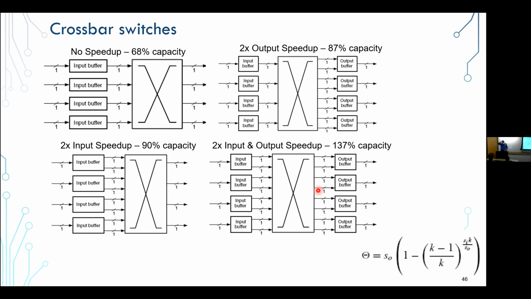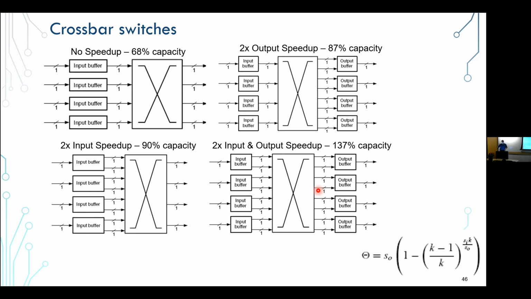Now, in the crossbar switches, we talked about the input buffers and the output buffers. The thing is that if you just have, for example, input buffers, and they're bidding for a resource, and this, of course, depends on the nature of the traffic, but we analyze it for, let's say, uniform random.